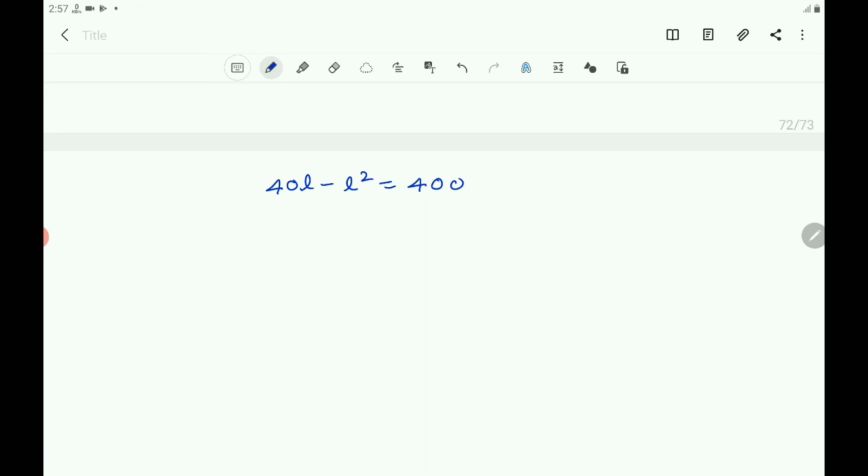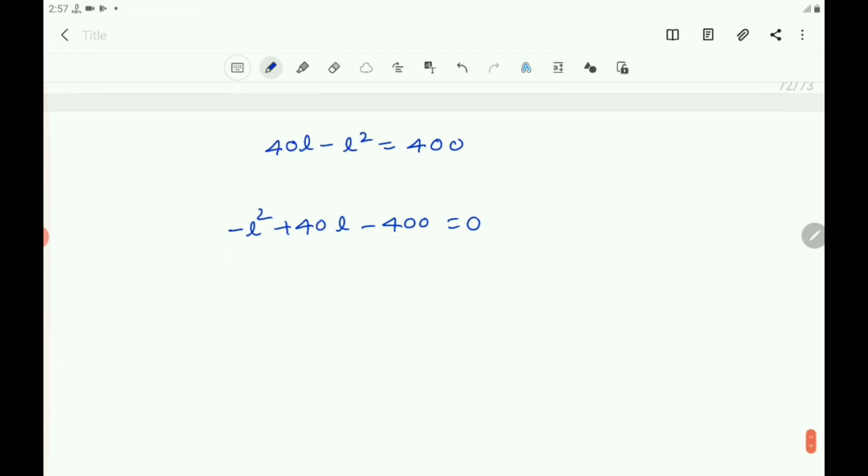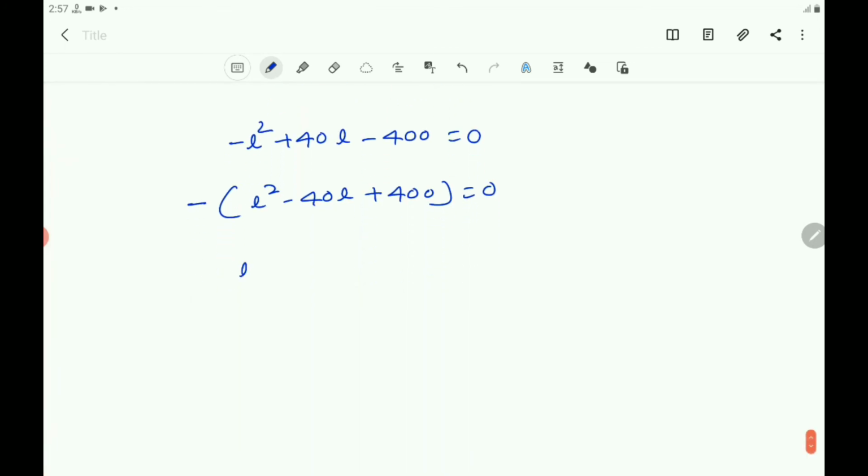Now transfer the 400 to the LHS: minus L square plus 40L minus 400 equals 0. It is better to remove the negative sign for L square, so the equation is L square minus 40L plus 400 equals 0.